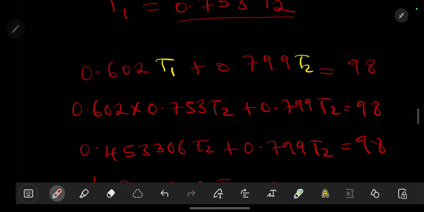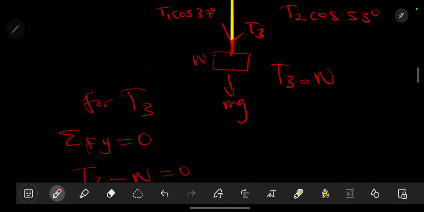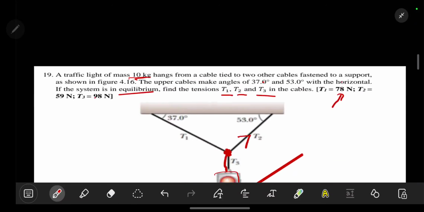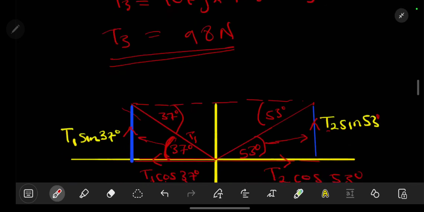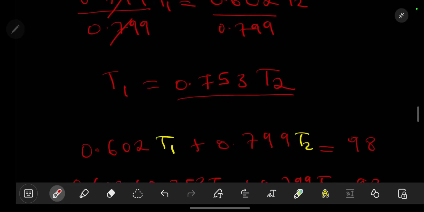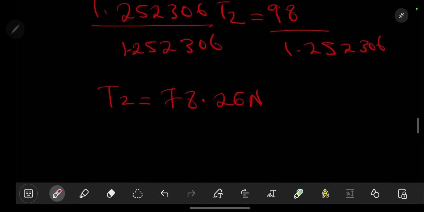So this is the value that we have gotten, which they just rounded off. Okay, so we have our T1. So this is where I was saying that they misplaced the letters. So this is supposed to be for T2, which is supposed to be 78.2. So this is the value that we have gotten.